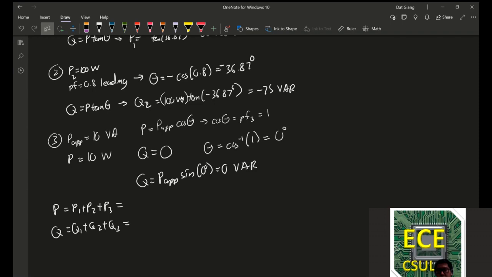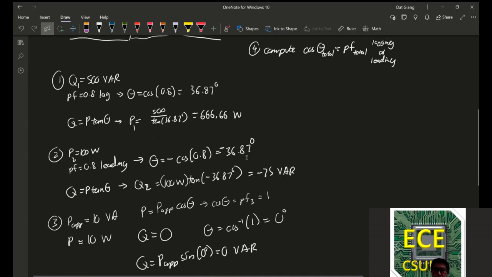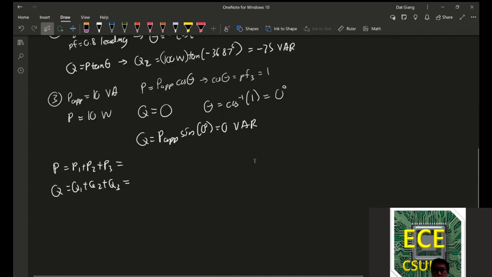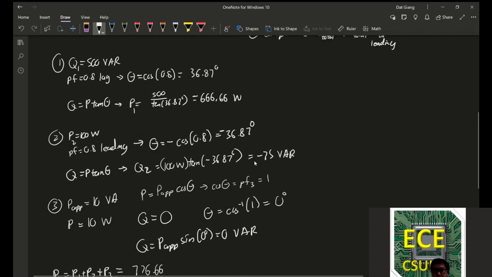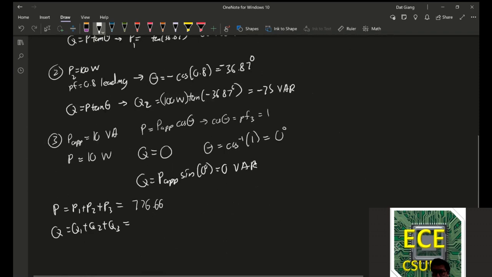If we do this computation, we should get 776.66. And then from here, we have 500 minus 75 plus 0. So we get 425. This is watts and this is var.